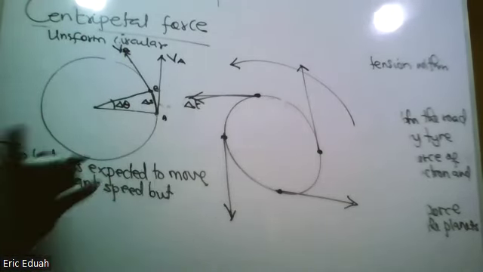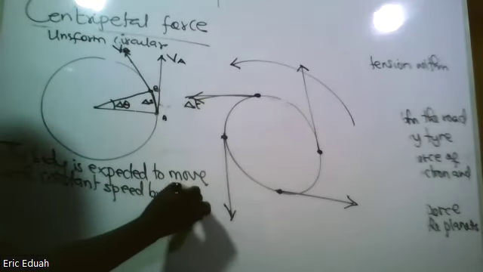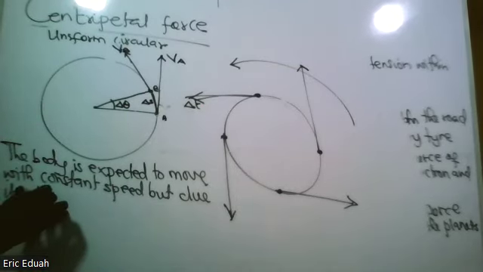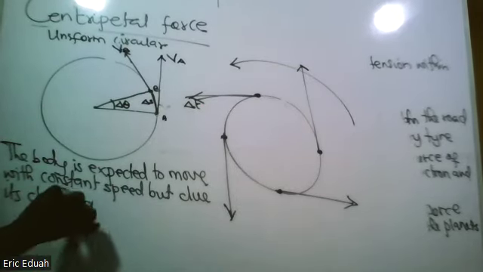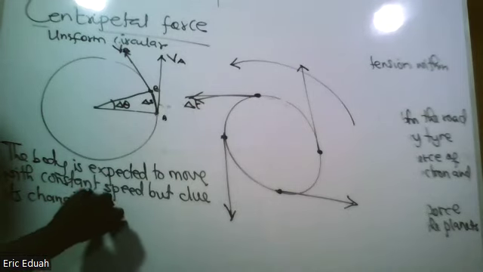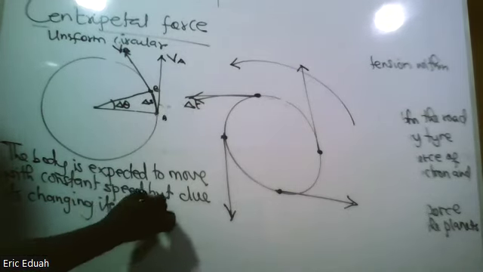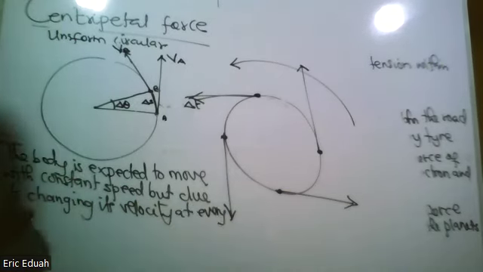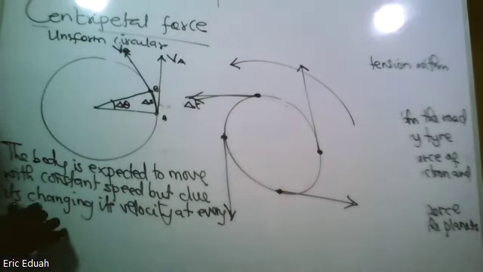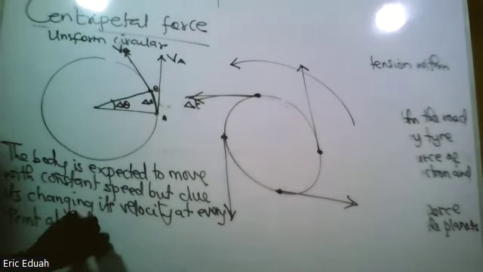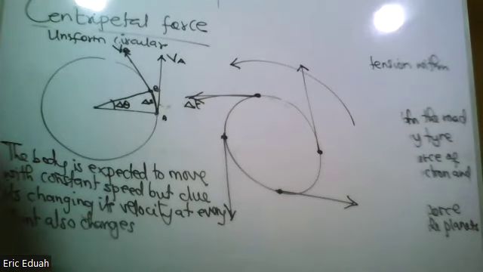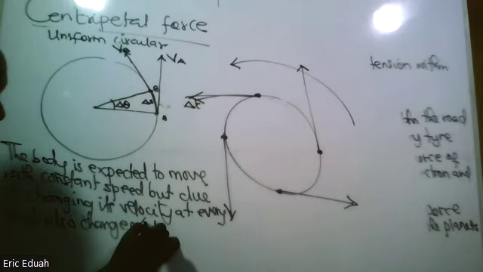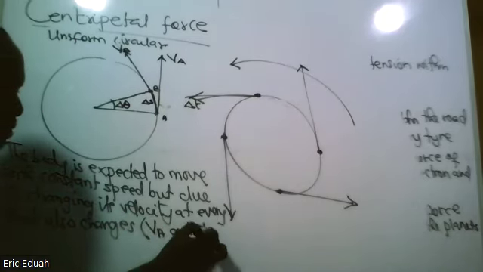But due to its changing direction, its velocity at every point also changes. This is the reason for which we have VA and VB.